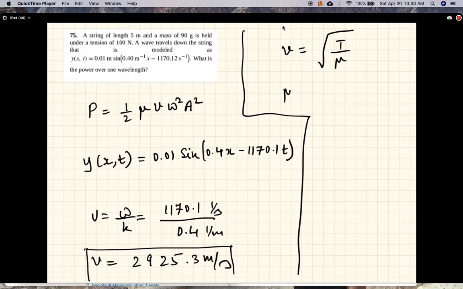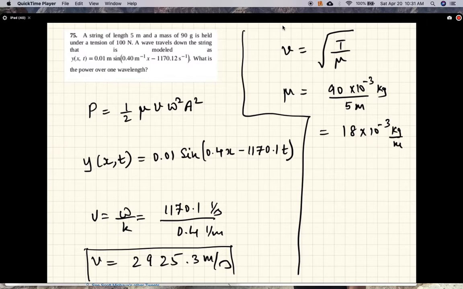And let's see what the velocity of the wave is according to this formula, square root of tension divided by mu. Mu is the mass per unit length, which is 90 grams, 10 to the minus 3 kg, divided by 5 meters. 90 divided by 5 is 18, times 10 to the minus 3 kg per meter.